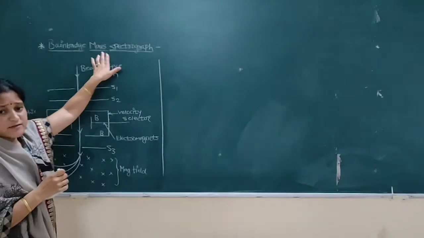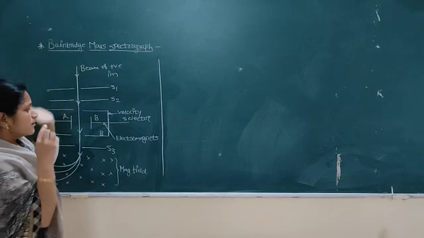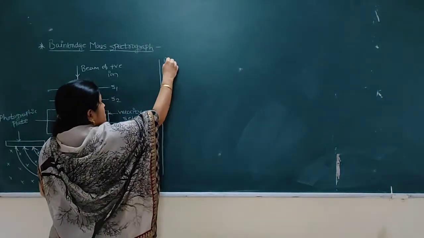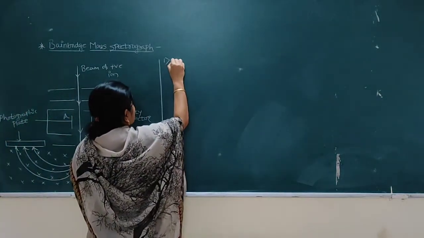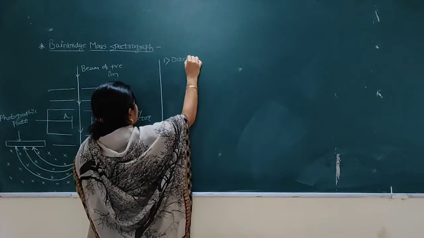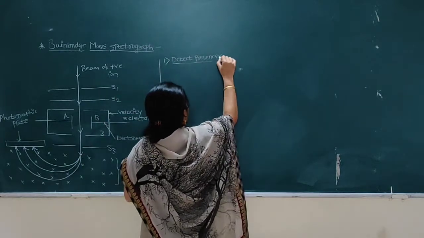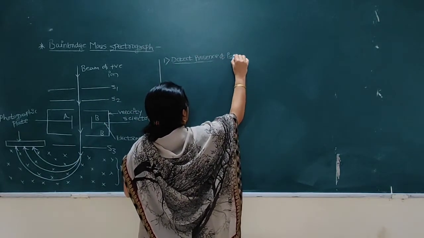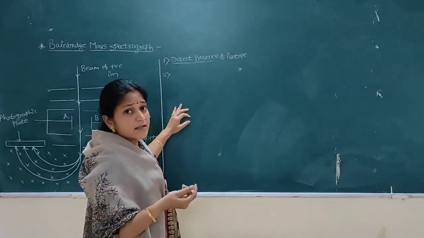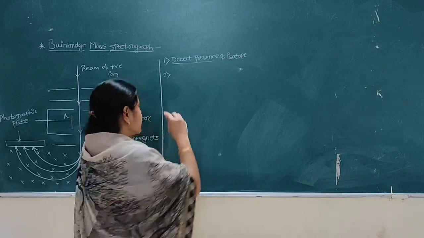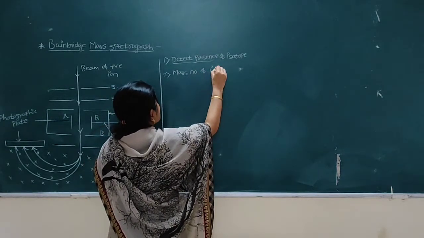Now, the Bainbridge mass spectrograph is a device or instrument used, first, to detect the presence of isotopes, and second, to determine the mass number of isotopes.